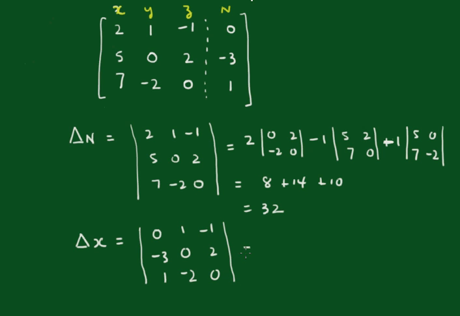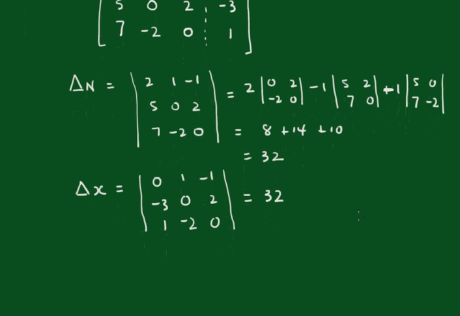And when you evaluate that one, you get the answer 32 as well. Now, the value of x is simply delta x on delta n, which is 32 on 32, which equals 1.